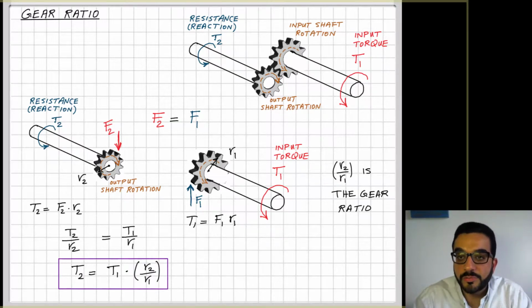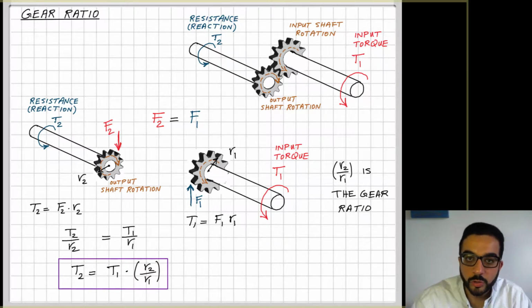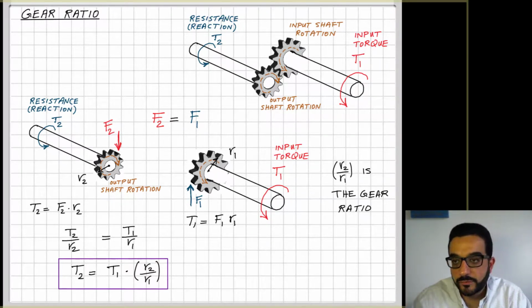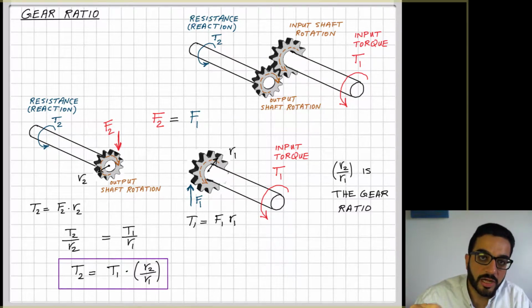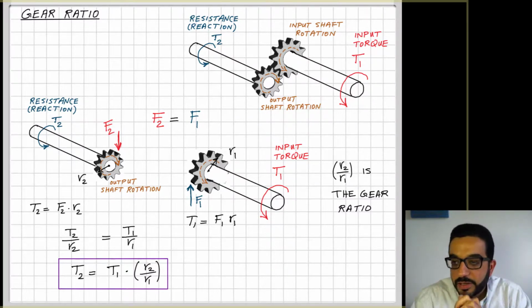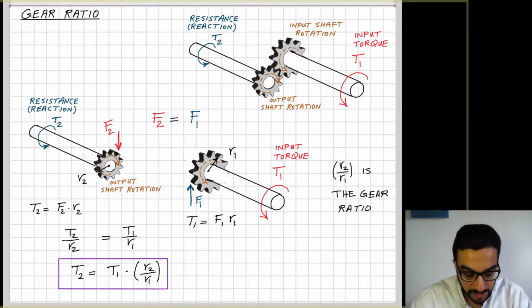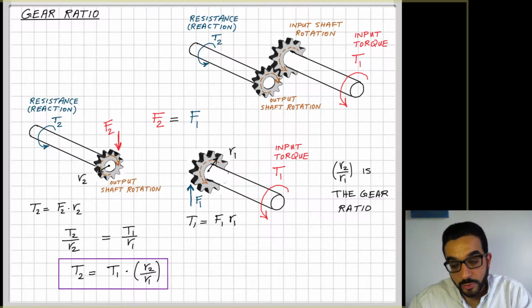So the power is the same; it's just the way you transform the power from low torque and high speed to high torque and low speed, or from high torque and low speed to low torque and high speed. It's a very cool concept. One thing I just mentioned is that power is transmitted without loss. This is what we assume.